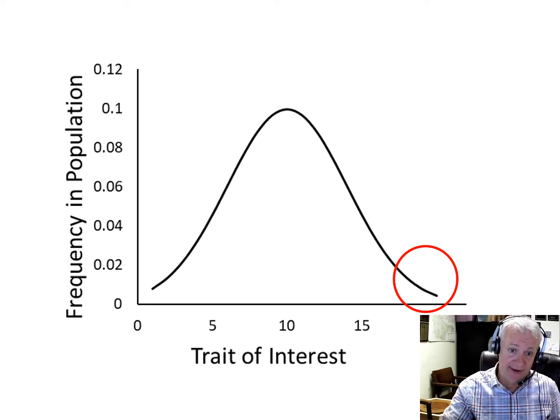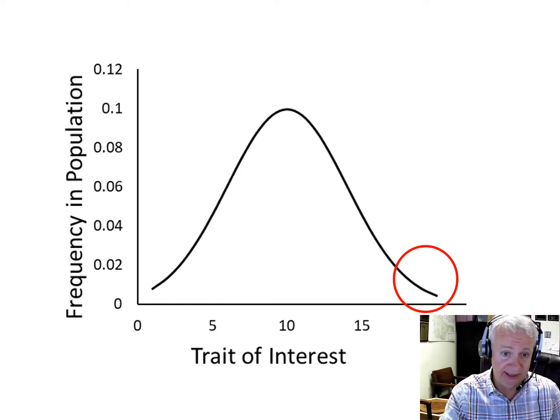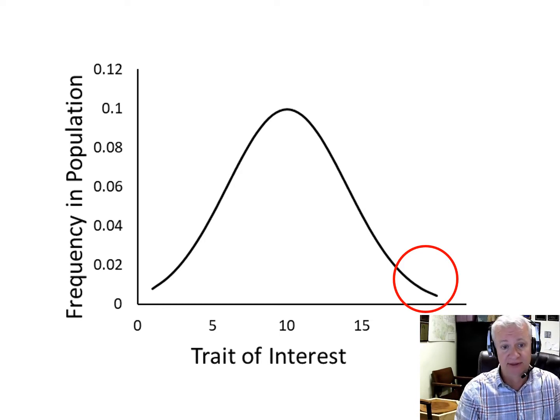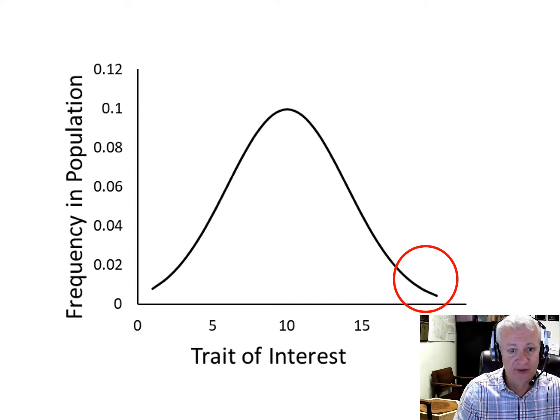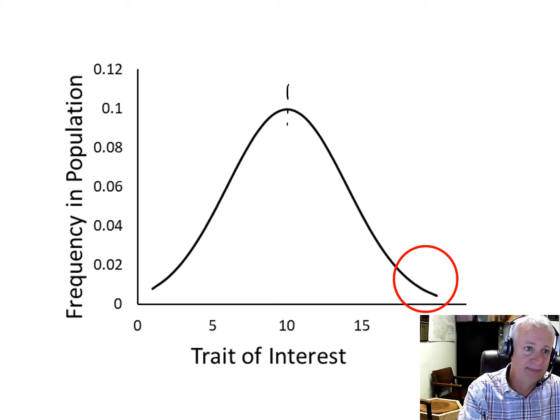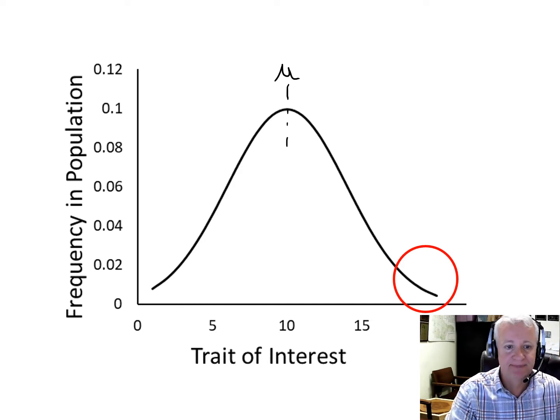It might be some wood property. It might be something to do with disease resistance. There's a continuous distribution of those values in the population, not always normally distributed, but in this case, maybe normally distributed. So there's some mean value of that trait in the population.